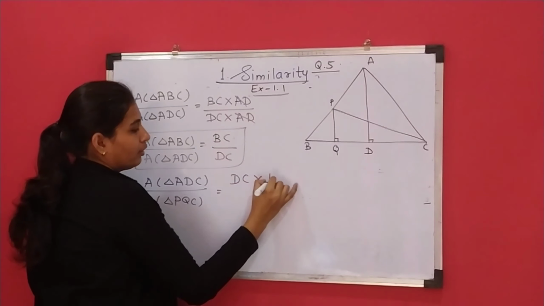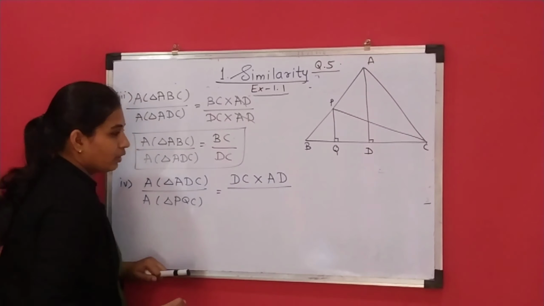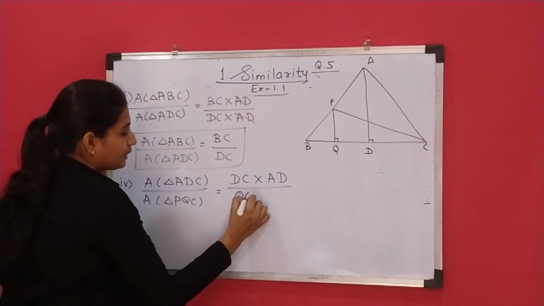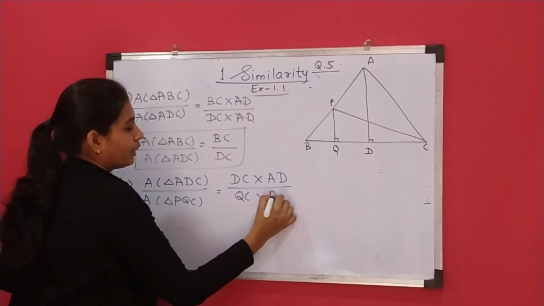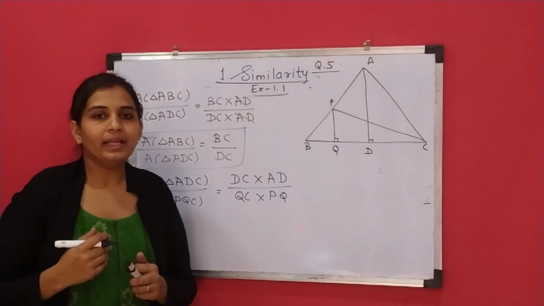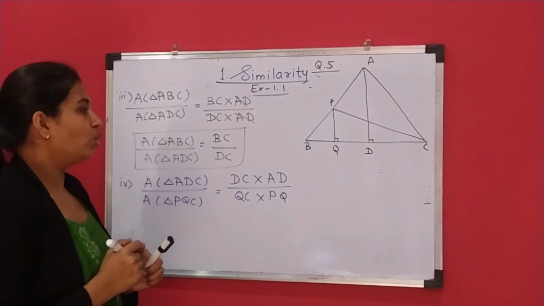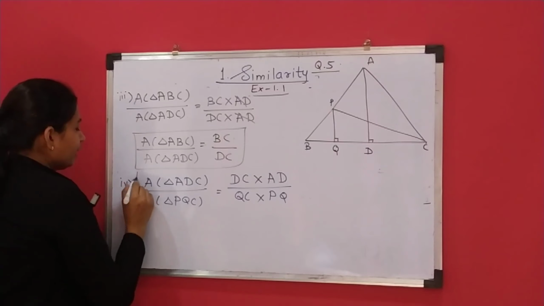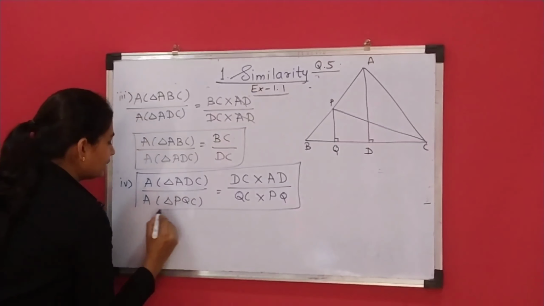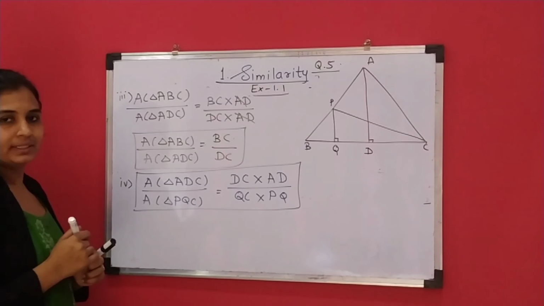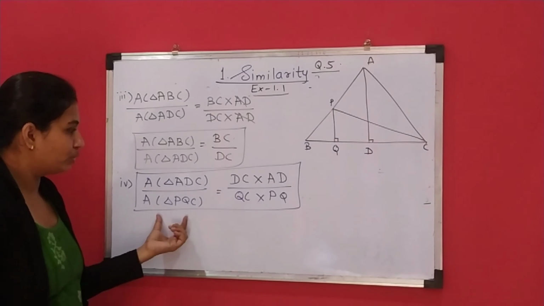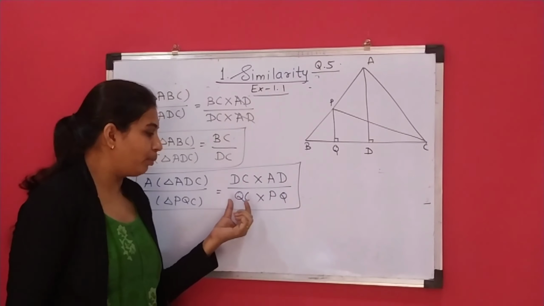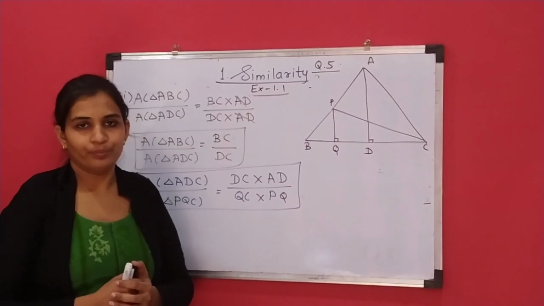So we can write DC into AD upon, for triangle PQC, the base is QC and the height is PQ. Now, in those triangles, there is no common base or height. So the answer will remain as it is. Area of triangle ADC upon area of triangle PQC is equal to DC into AD upon QC into PQ.